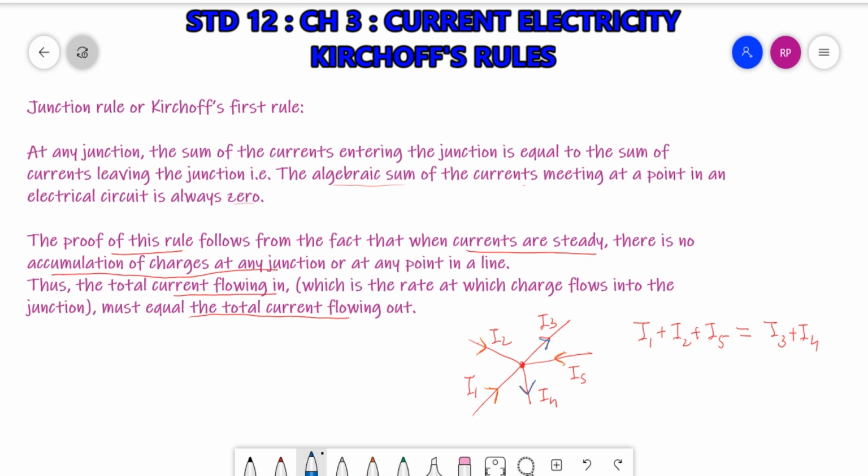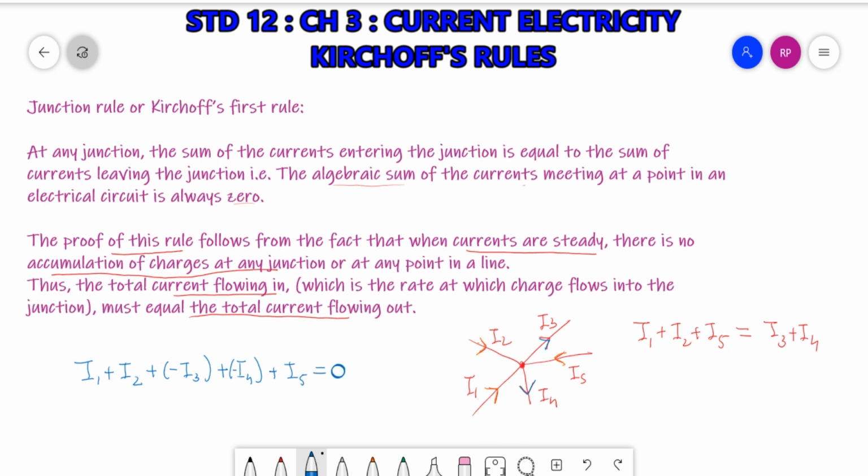So what will be I1 plus I2 minus I3 minus I4 plus I5? That will be equal to 0.